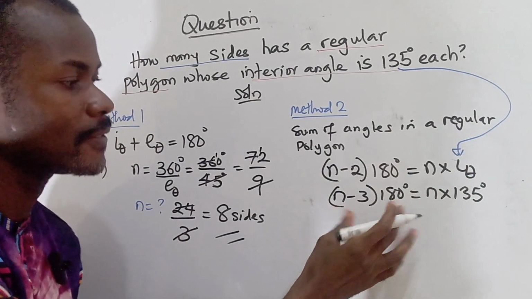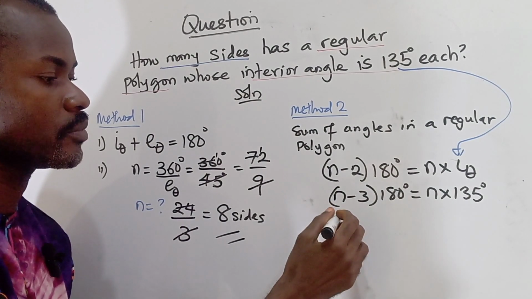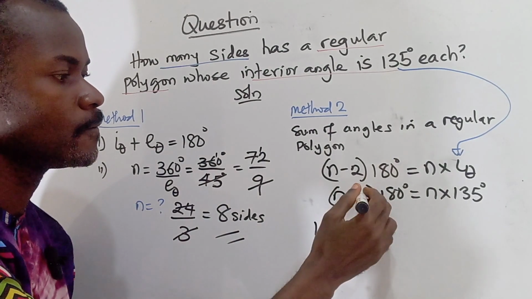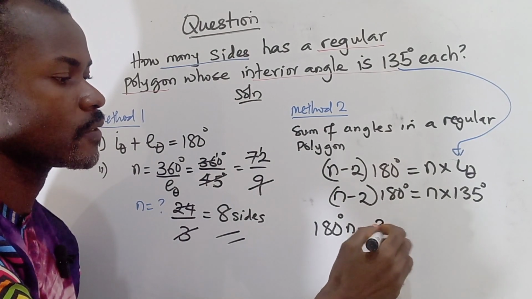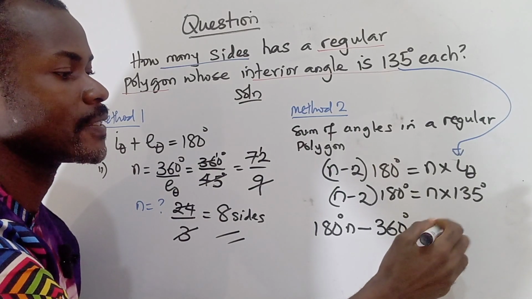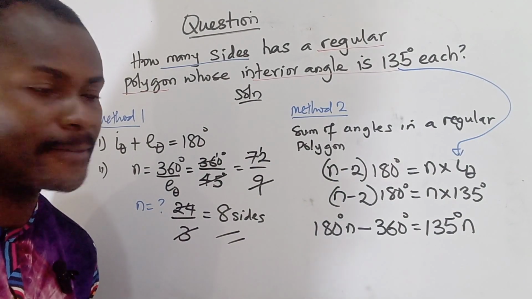Let's open the bracket. So I have 180 degrees times N minus 2. 180 times 2 is going to give us 360 degrees. So this is 135 degrees multiplied by N.